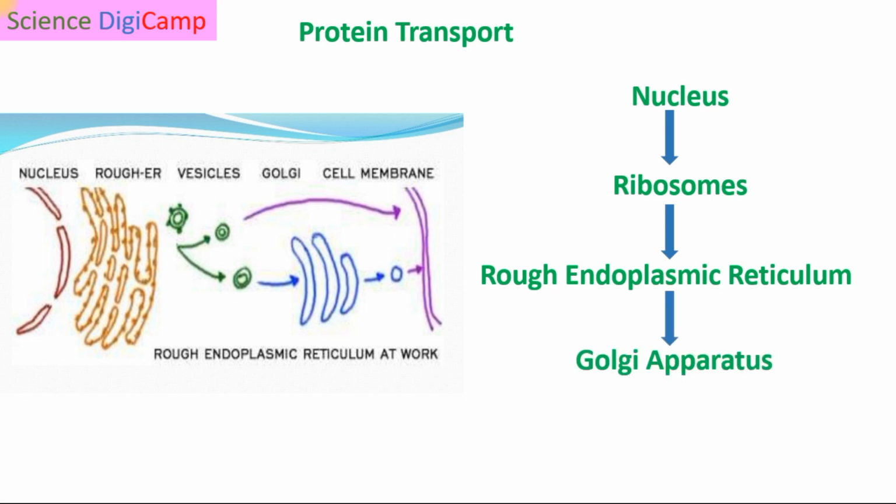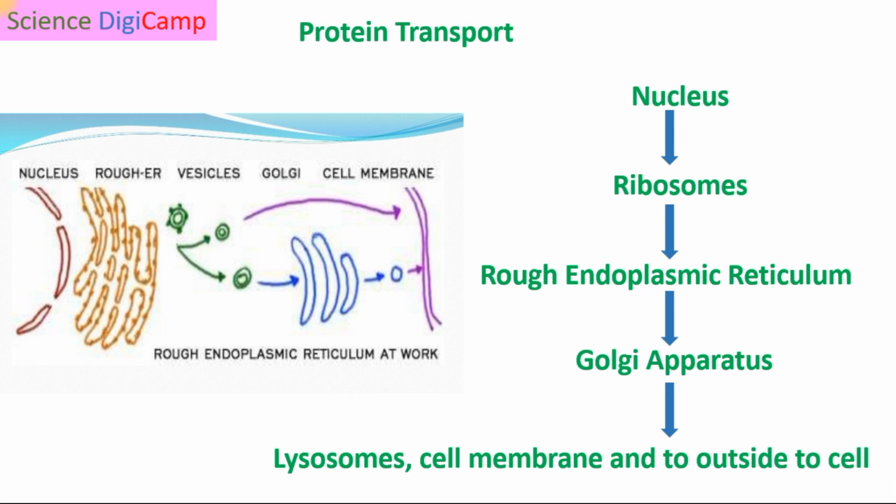In rough ER, further modification and sorting of proteins takes place. It means it packs proteins and transports them to Golgi apparatus. Inside Golgi, further modification of proteins takes place. From here, proteins are transported to lysosomes, endosomes, cell membrane and to outside of the cell for further activity. This is how protein transport occurs inside the cell.